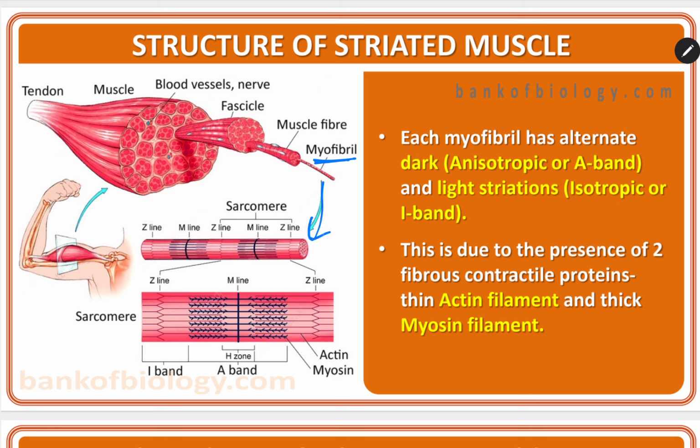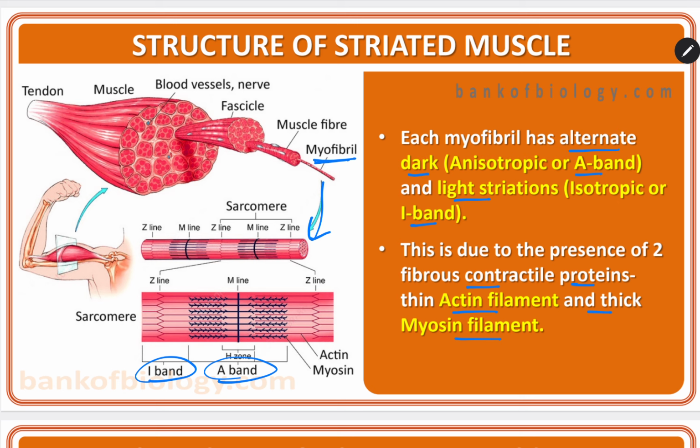Each myofibril has alternate dark and light bands, A band and I band. It is also given here. You can see A band is given here, I band is given here. It is present inside the myofibril. This is due to presence of two fibrous contractile proteins, thin actin filament and thick myosin filament.